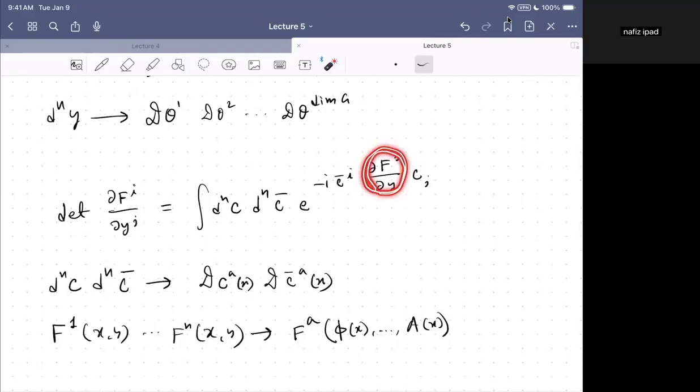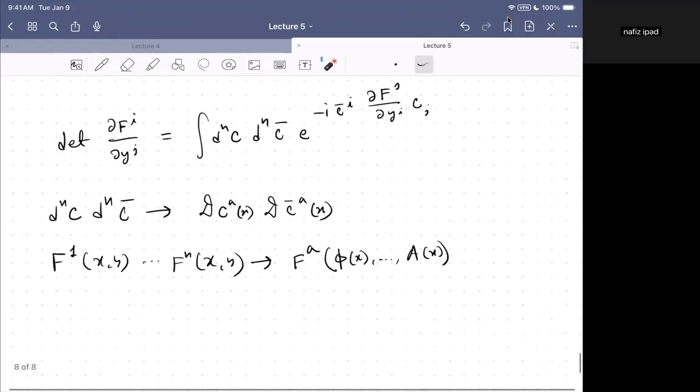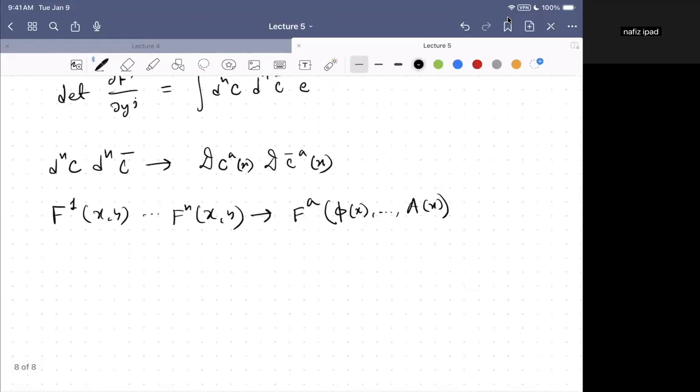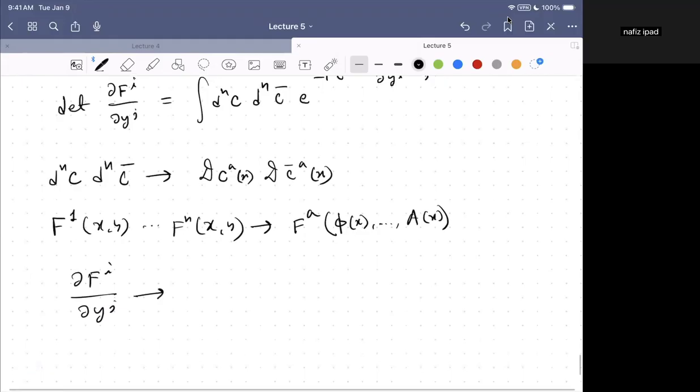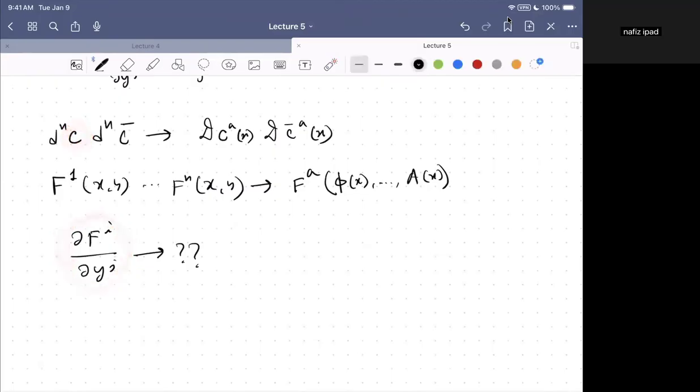But we also need to replace this operator. So here it is just a matrix, right? It's just an n by n matrix that acts on these vectors. So what is going on with that in the infinite dimensional case? Well, previously this matrix acted on these C's, right?